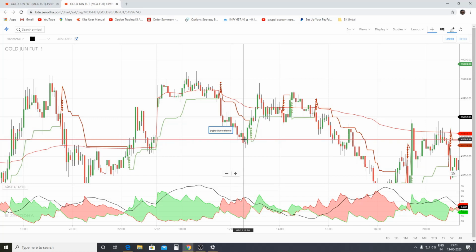So this is my target and it's my risk. So my target got hit, and also there was confirmation by the ADX DI indicator, and hence I would have taken this trade. Now let's look at another setup.